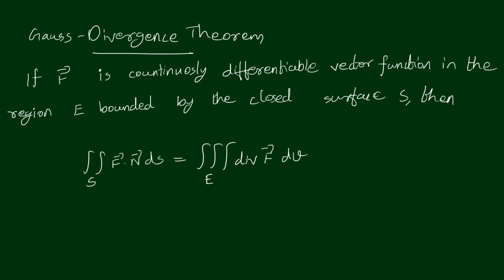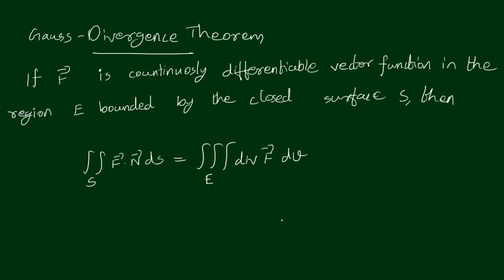That relation is: the surface integral of the vector field F is equal to the triple integral, or the volume integral, of the divergence of the vector field. So this clearly tells the relation connecting the surface integral and volume integration. Surface integral of the vector F, that is double integral F dot n dS, is equal to the volume integral, that is triple integral divergence of F dV.